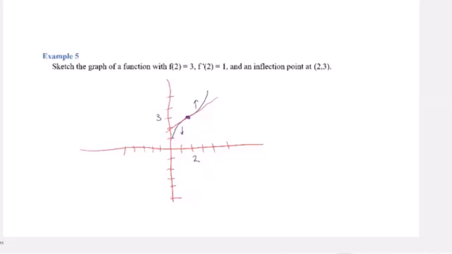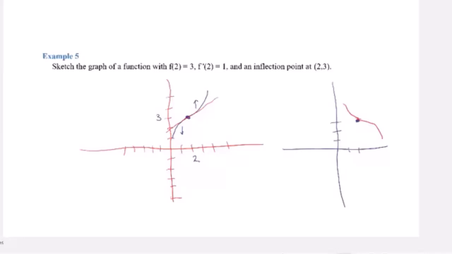So what else could it look like? Well, we have a point at 2, and now we're going to do the opposite. How about if I do concave up and then concave down?